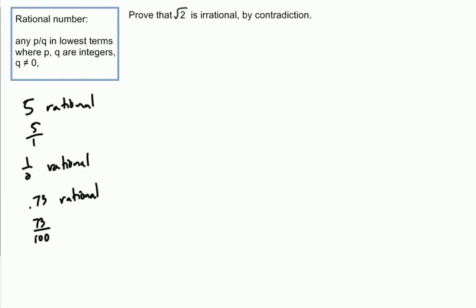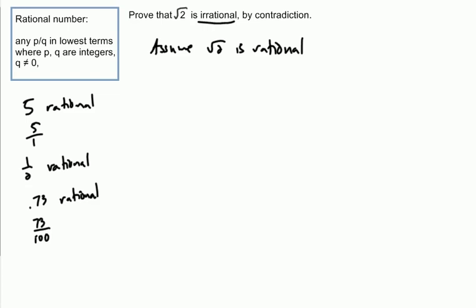Okay. So if we're going to prove that the square root of 2 is irrational by contradiction, we're going to assume that the square root of 2 is rational. And then we're going to show that this is not possible, that somehow there's a contradiction in what we know about the square root of 2 and rational numbers.